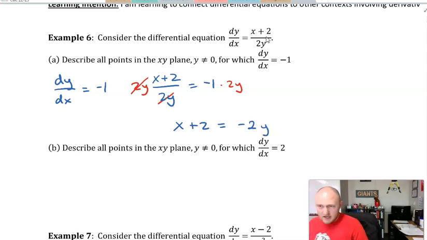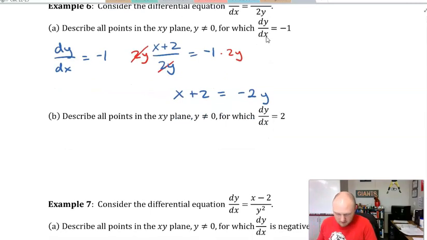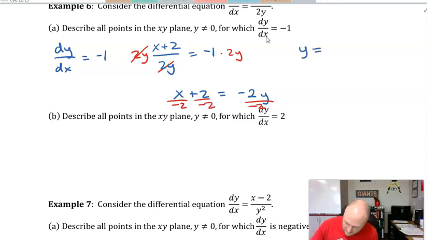Okay, and then I'll isolate y. I'll divide both sides by -2, and we get y is equal to -1/2 x minus 1.